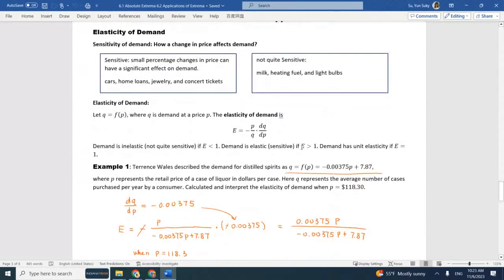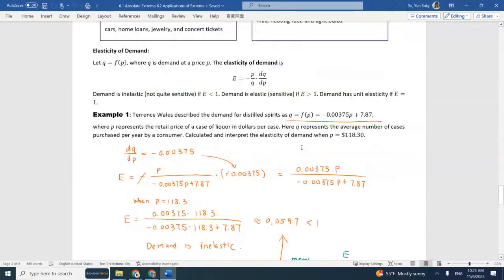Okay, do you still remember this elasticity, right? If E is less than 1, then the demand is inelastic. It's like milk or gas or water, dairy products, you still need to buy them anyway. Demand is elastic when E is greater than 1.